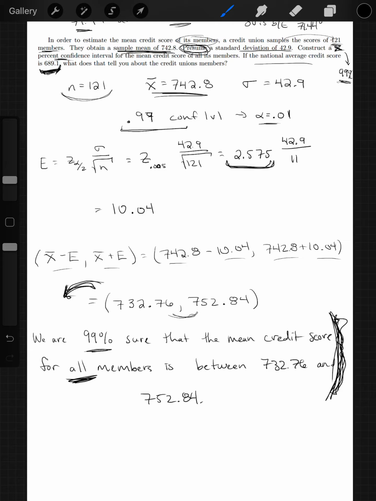So what this tells us is that while we don't know exactly what the mean credit score is, we are 99% certain that it is a higher average than the national average. So we are 99% certain that the members of that credit union have, on average, a higher credit score than the average American does.